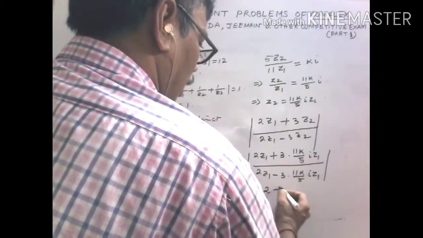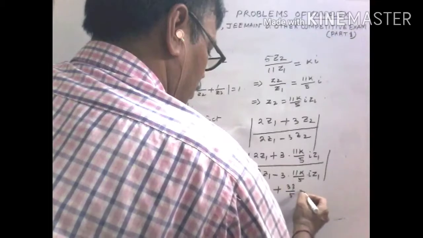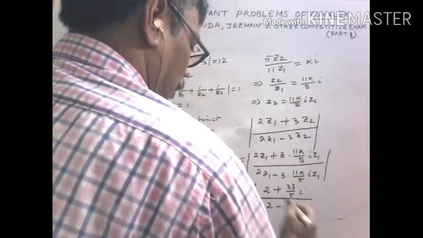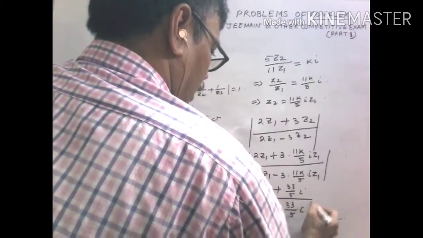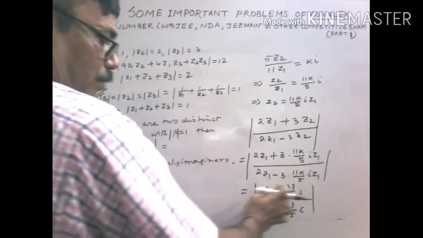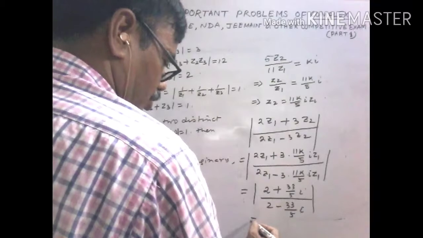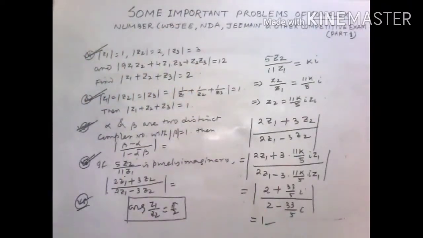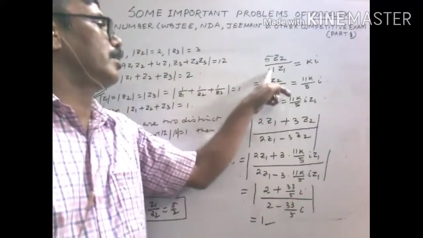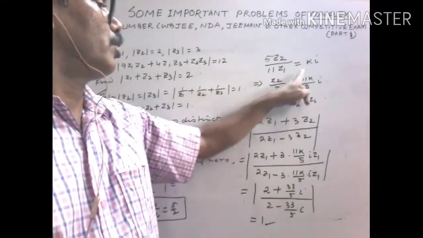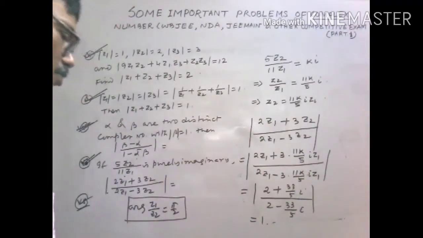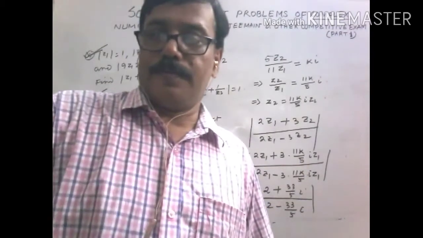So what we are getting is 2 plus 33K by 5 into i over 2 minus 33K by 5 into i. Look, if you take the modulus, they are conjugates, so the modulus is 1. Listen again, this one is purely imaginary, so it equals Ki. So express Z2 in terms of Z1, put the value and find the modulus.